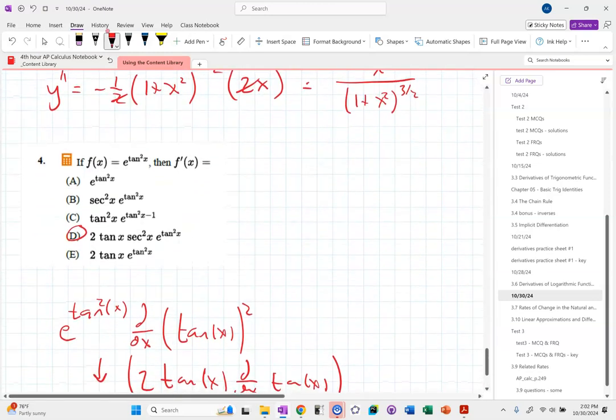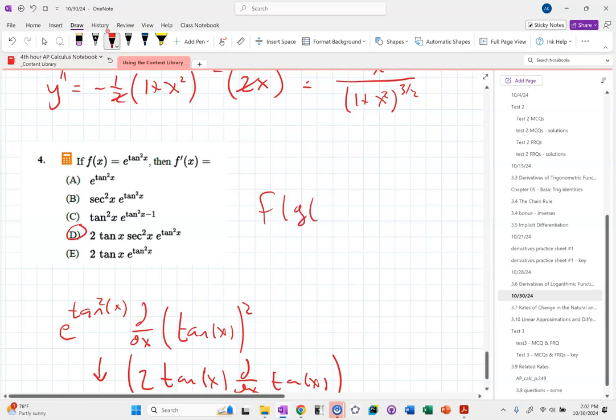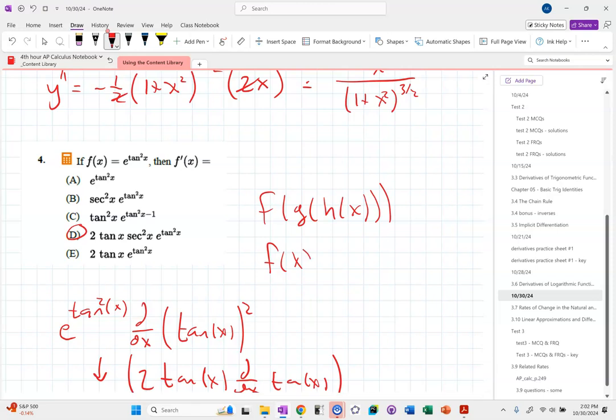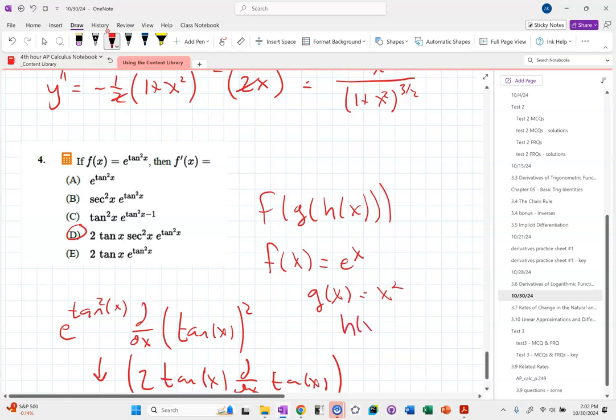So what I have is f of g of h, where f is e to the x, g is x squared, and h is tan x.